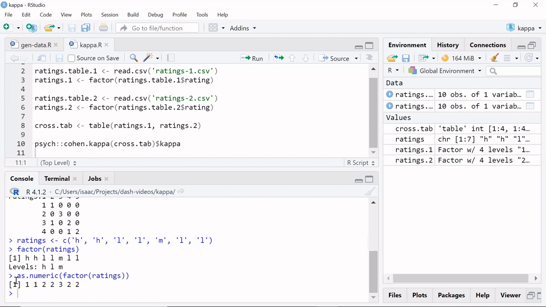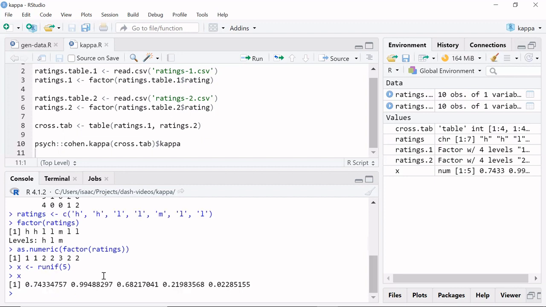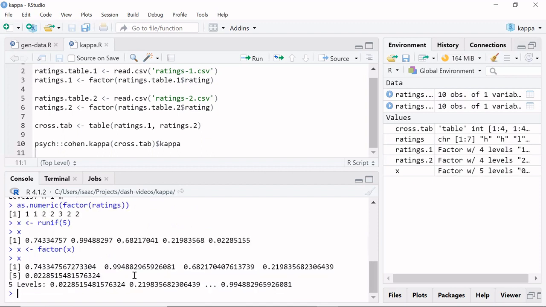So this is why you don't want to use the as.numeric function to directly convert factors into numbers. Just to illustrate this, suppose we have some random numbers called x, and we convert x to a factor. And now x is a factor with 5 levels, 1 for each unique numerical value.